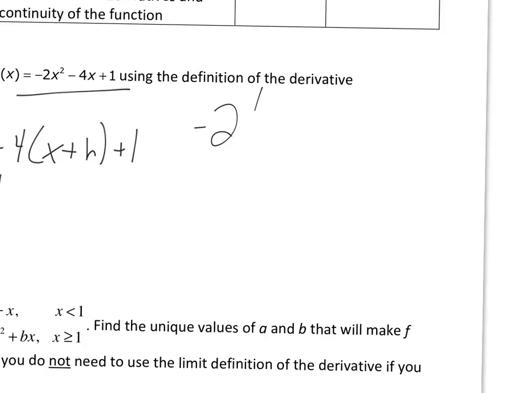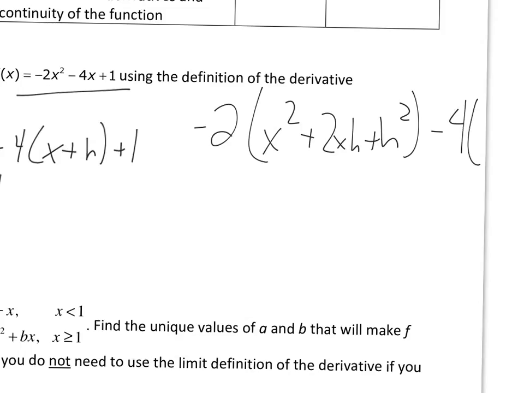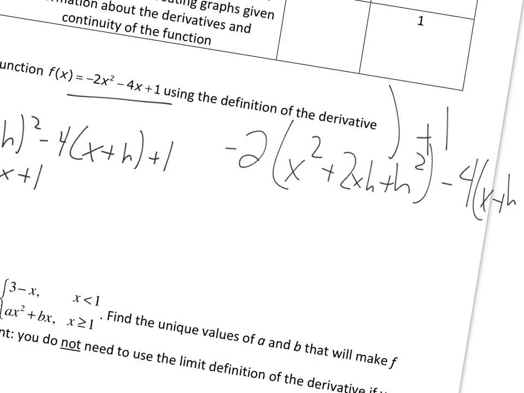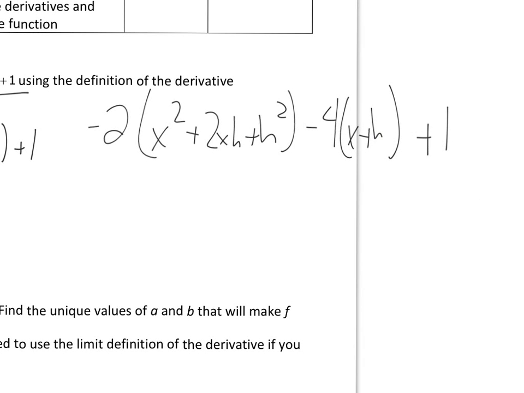Negative 2 times x squared plus 2xh plus h squared minus 4 times x plus h plus 1. And then again, from f of x, I still just have the same negative 2x squared minus 4x plus 1.